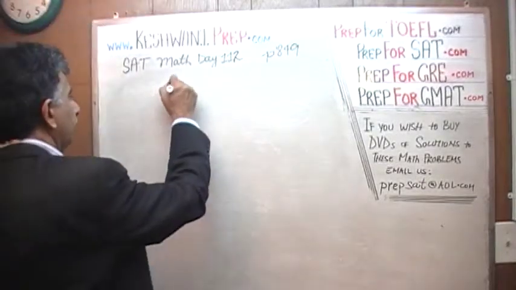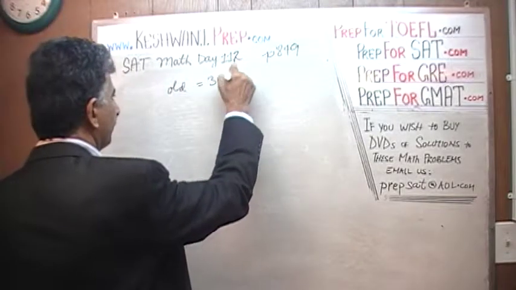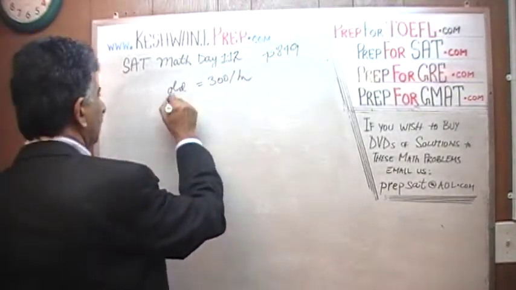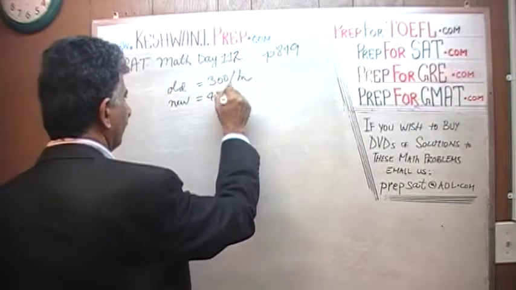So we have an old machine that makes 300 per hour, and we are told that its new machine makes 450 per hour.